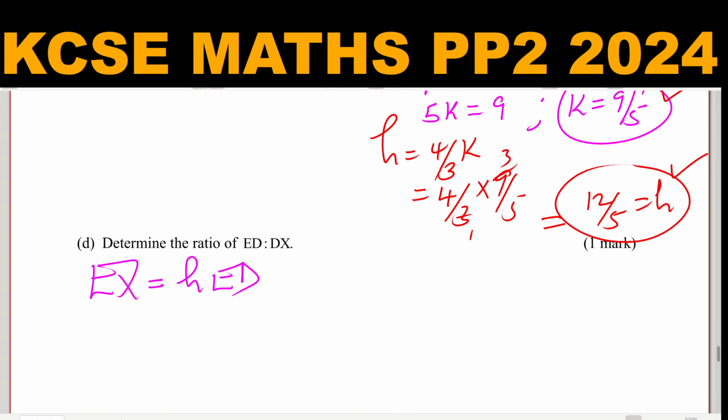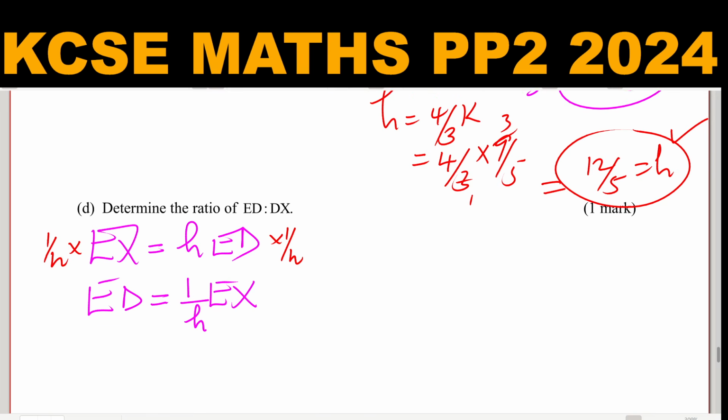From this one, if you make ED the subject, therefore ED is equal to 1 over h, simply multiplying this one by 1 over h and this one by 1 over h. So ED will give 1 over h EX.